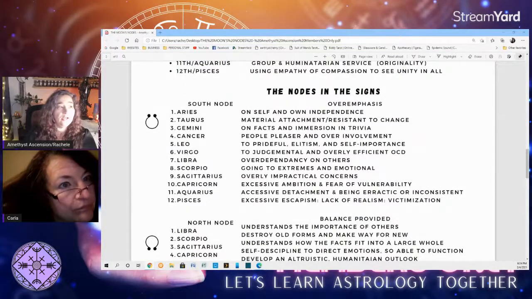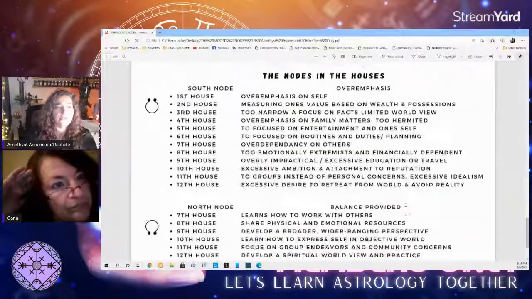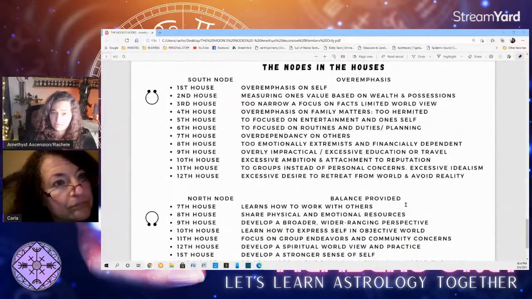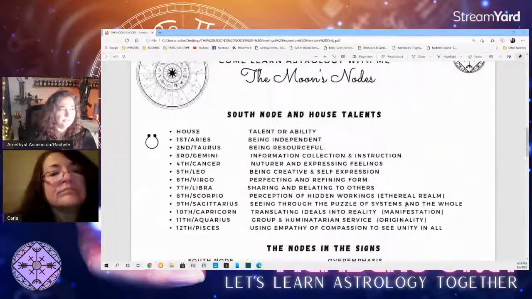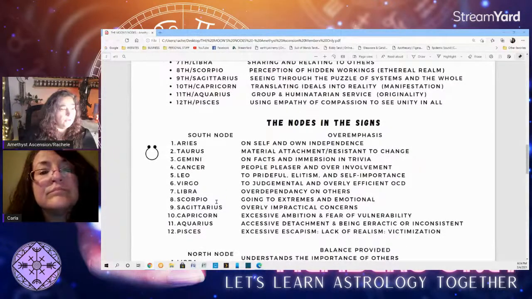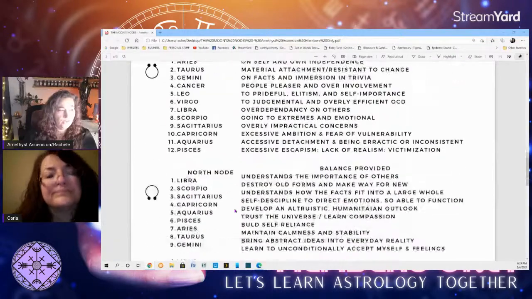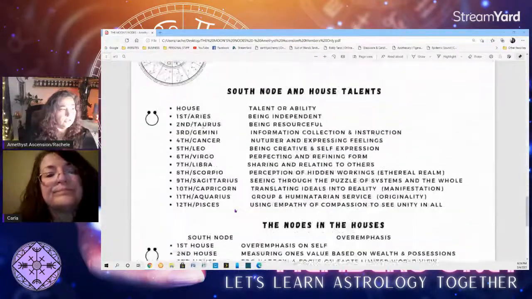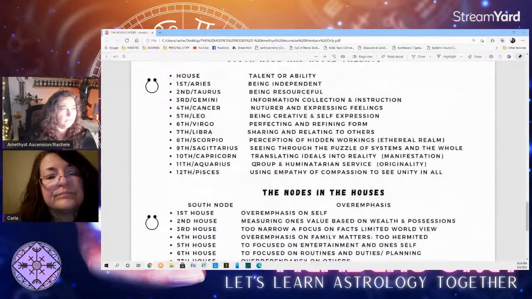Those are just under the nodes in the signs. Then we go down to the next page, which is the nodes in the houses and how that works. Okay, so let's try to reconstruct this again. With her south node being Sagittarius, an overemphasis could be overly impractical concerns. Okay. In the 7th house, well, wait a minute.